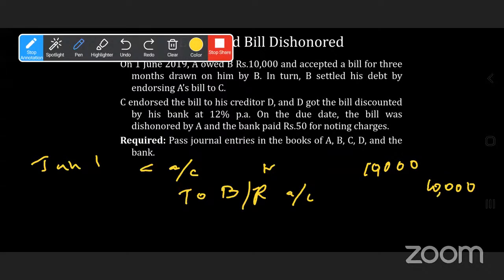The person who is endorsing is called the endorser, and the person to whom it is endorsed is called the endorsee. In the previous theory classes, I have explained all this to you.